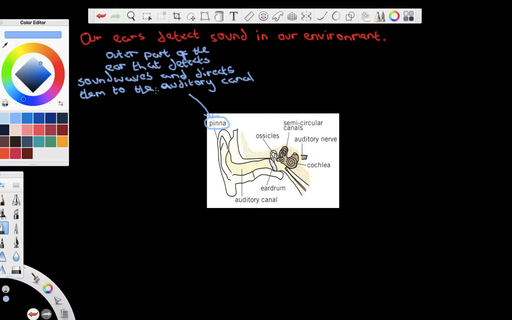Now, the auditory canal, the pinna, and the eardrum make up your outer ear.